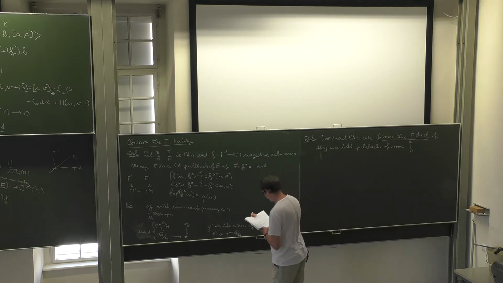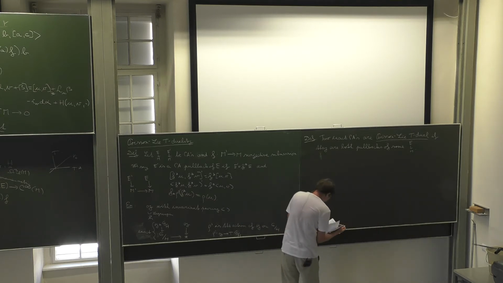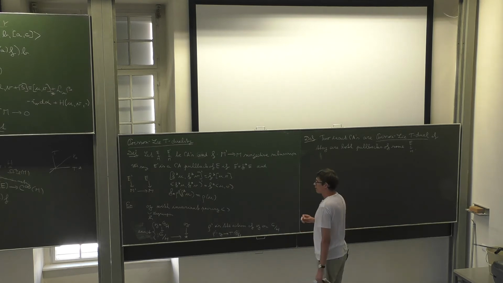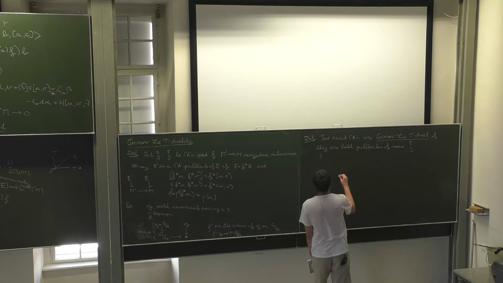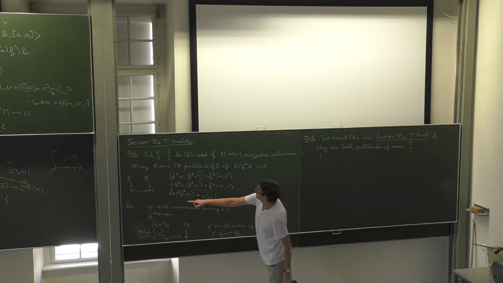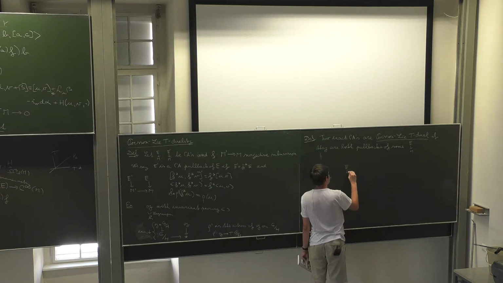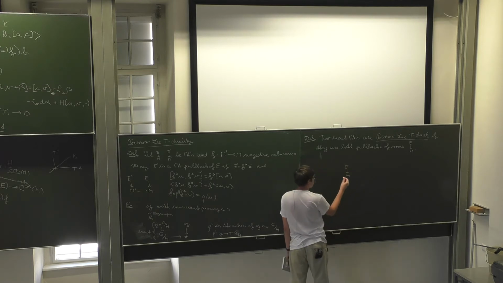And the reason for that is very simple. Going back to that picture, or maybe we can be even more general. Suppose that we have a Courant algebroid E over M, and we have two different Courant algebroid pullbacks.